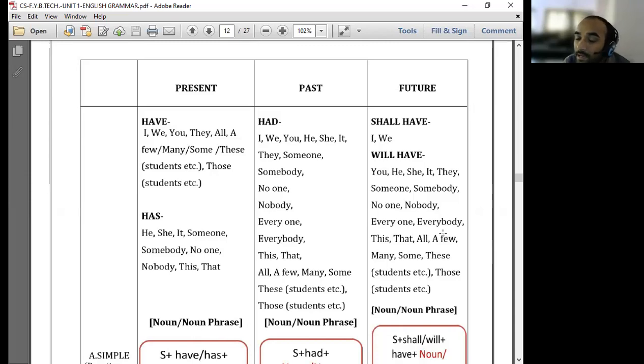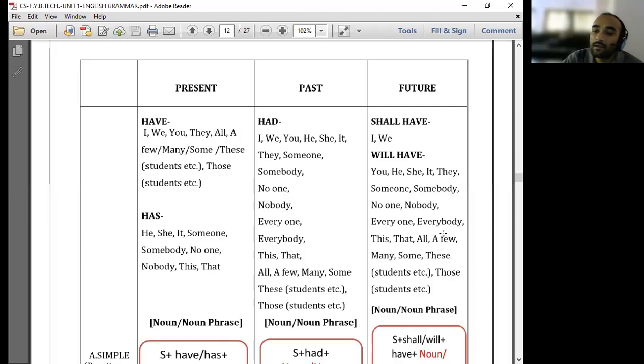I आणि we साठी आपण shall have use करतो and will have is used after you, he, she, it, they, someone, somebody, no one, nobody, everyone, everybody, this, that, all, a few, many, some, these, those.